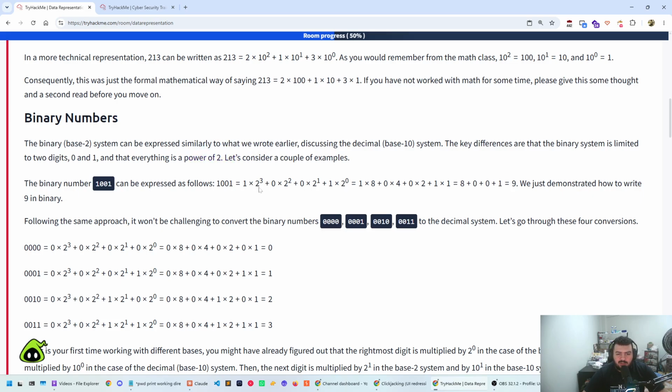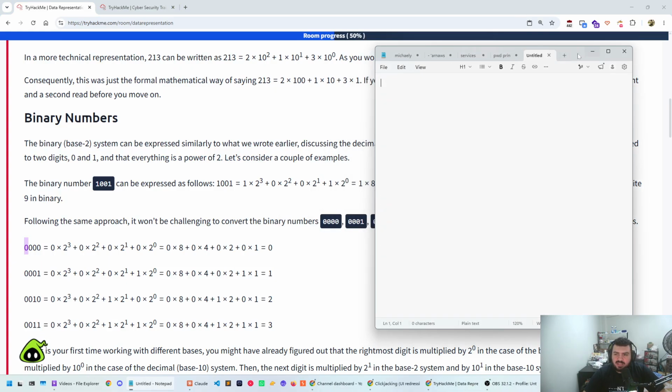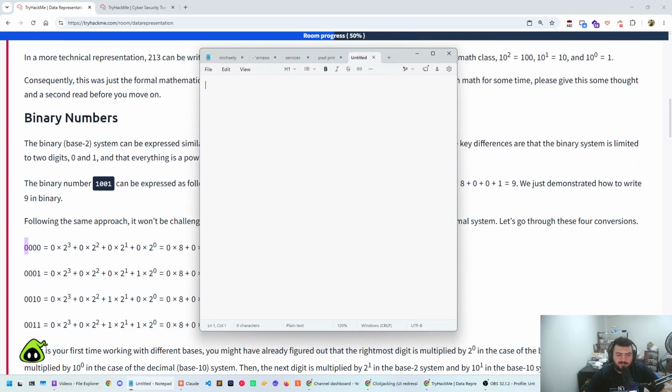So it's going to be multiplied by 2, and then we're going to decrease from to the power of 3, to the power of 2, to the power of 1, and to the power of 0 at the end. So you can see here that in every equation we are doing the exact same thing. We're getting the number that's right here, and then we're multiplying it by 2 to the power of 3, 2, 1, 0.